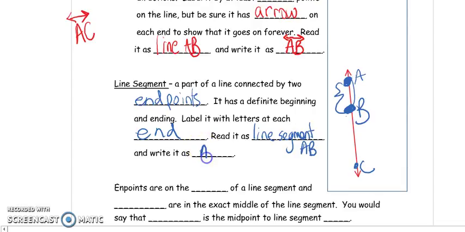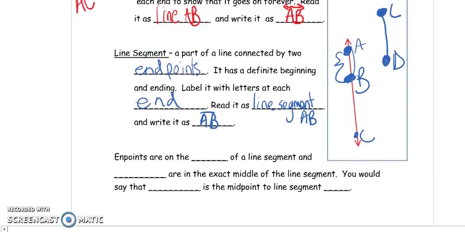And we would show it by writing AB next to each other, and then we just put the line on above it, but we don't put arrows. So as long as there are dots at each end, this is a line segment. This could be CD. Okay? So endpoints on the ends of a line segment, so we know they make the segment.